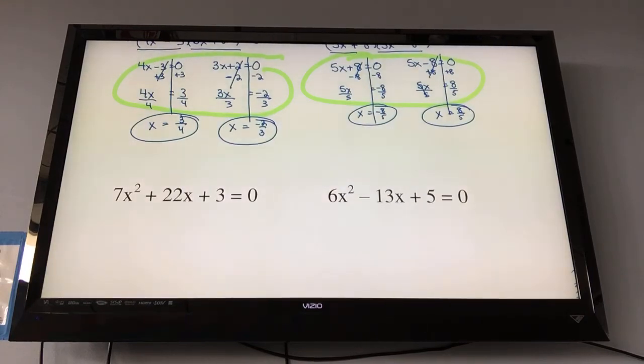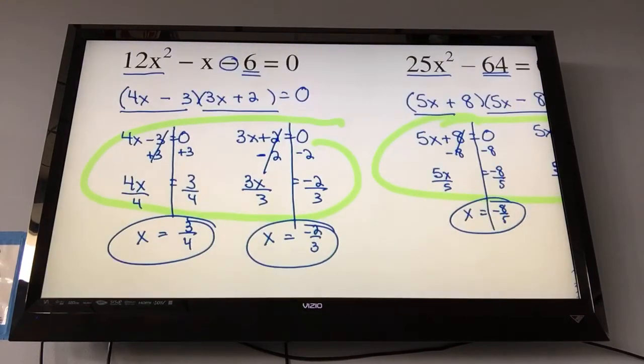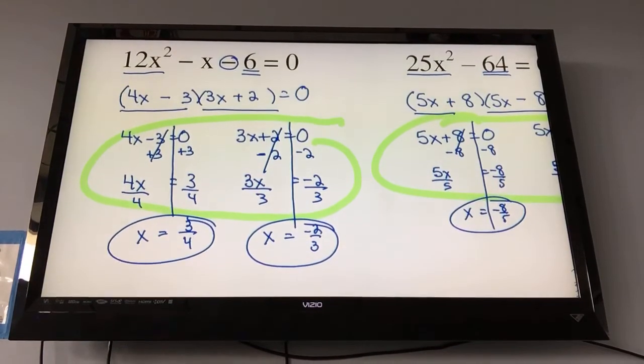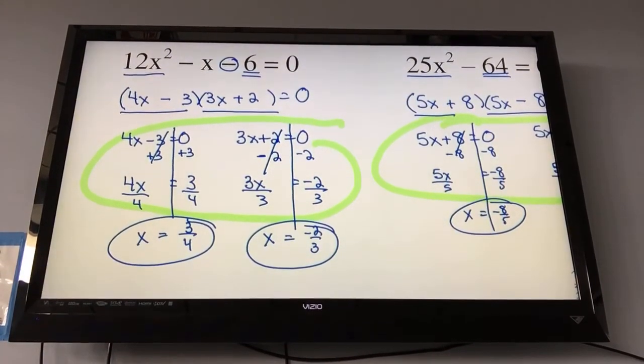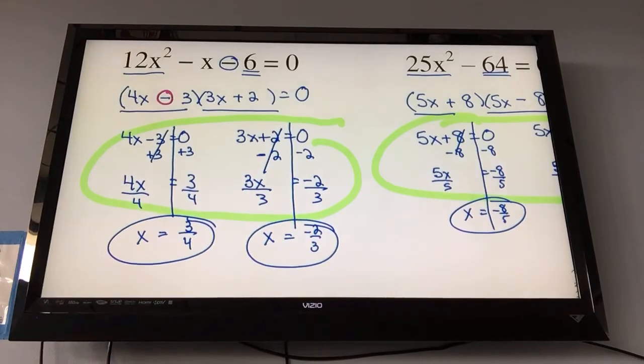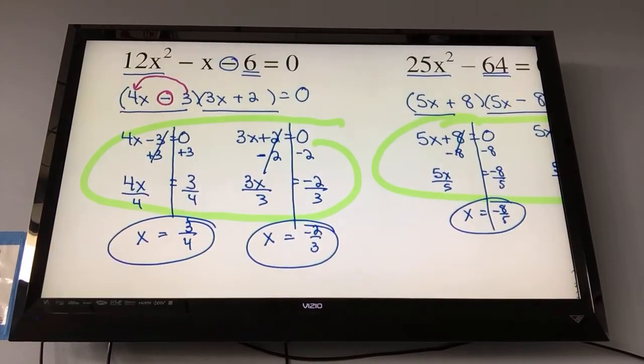Okay, so I'm gonna show you this shortcut. You ready? It's always gonna be the opposite sign, and then the number on the right over the number on the left. So positive 3/4.